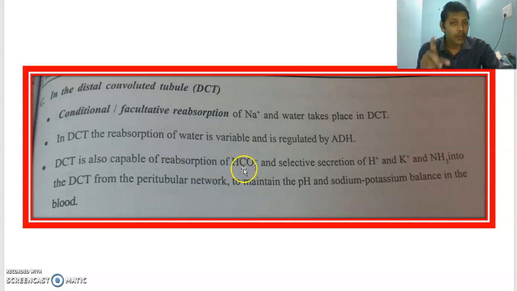The DCT is also capable of reabsorption of HCO3 minus and selective secretion of H plus and K plus into the DCT.